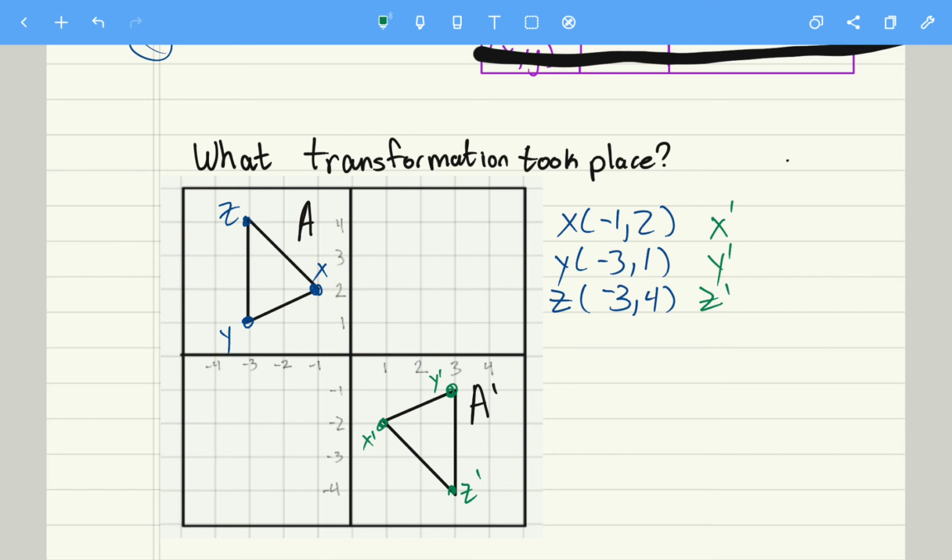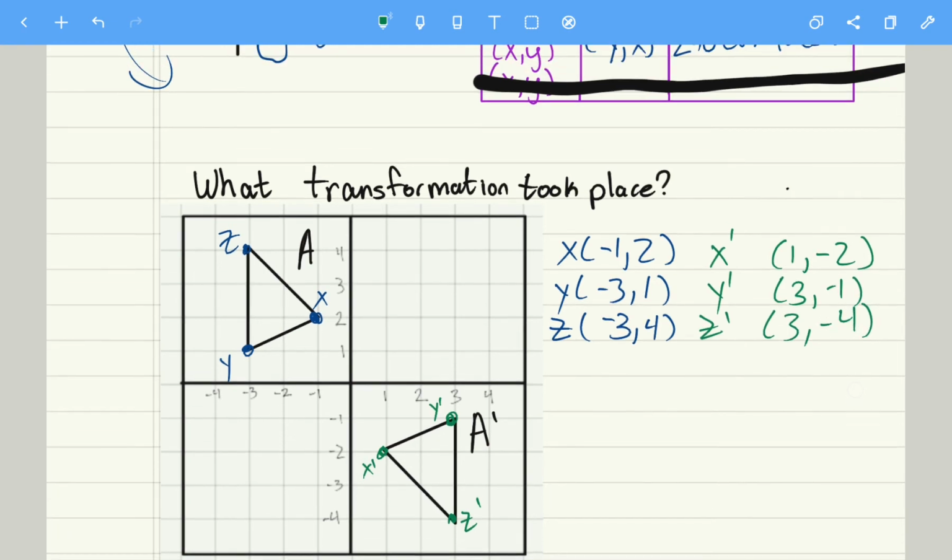Let's find the images of those. So x prime is going to be 1, -2. Y prime is going to be 3, -1. And z prime is 3, -4. So I noticed x and y stay in the same location, but change signs.